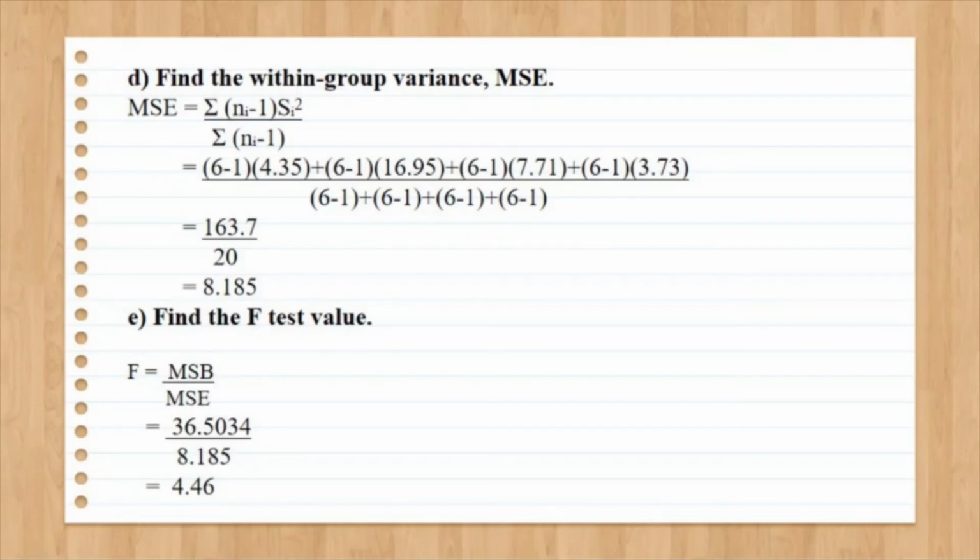And then we will get 163.7 divided by 20. We will get the answer 8.185.